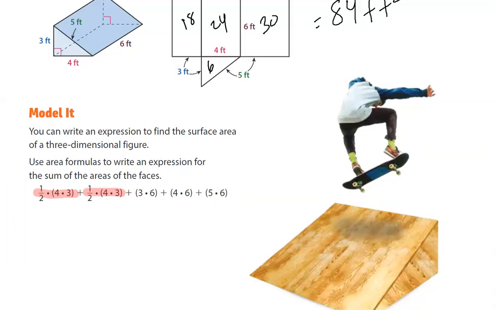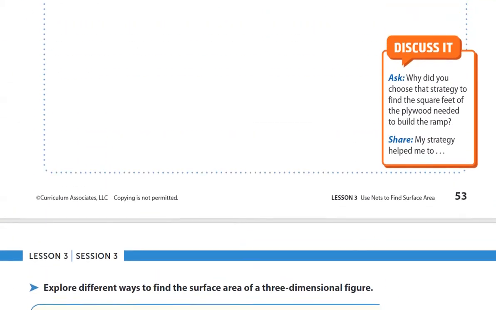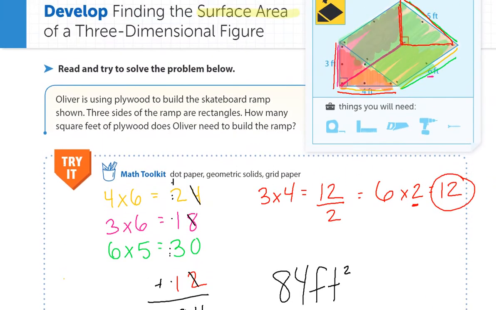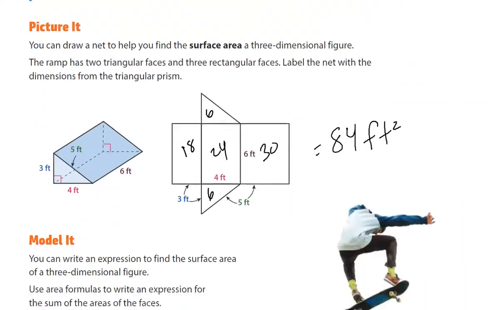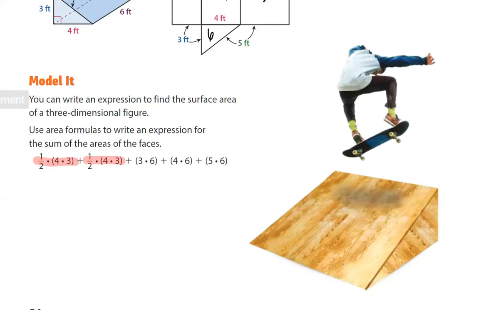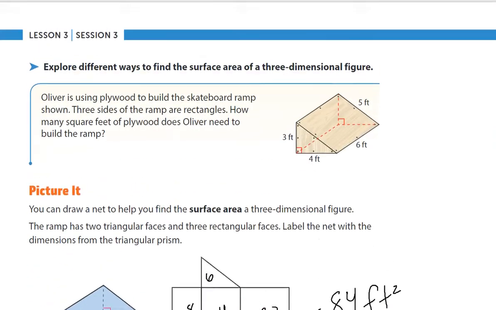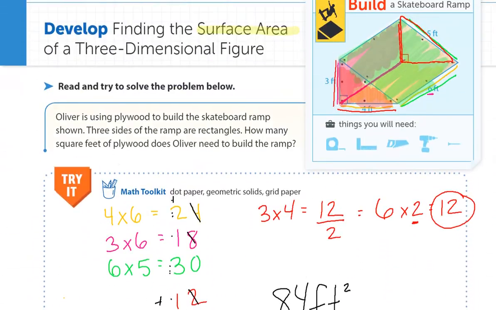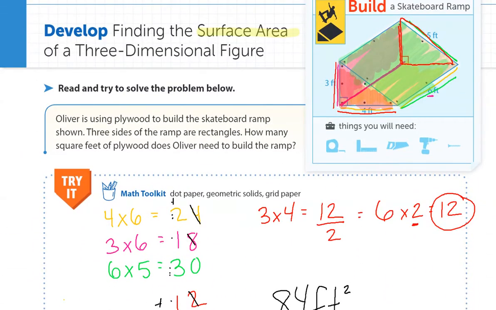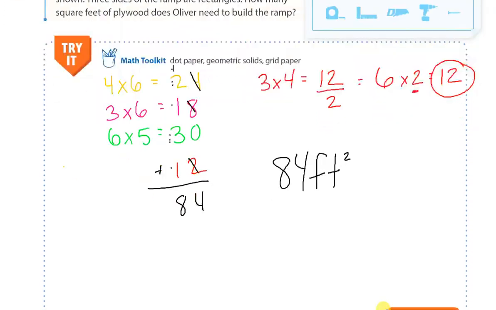Then we have the 3 by 6 triangle. What color was that one? Then very important we keep our colors the same. That was pink. So this is the area of the pink triangle. And then what color was the other ones? Green and orange.